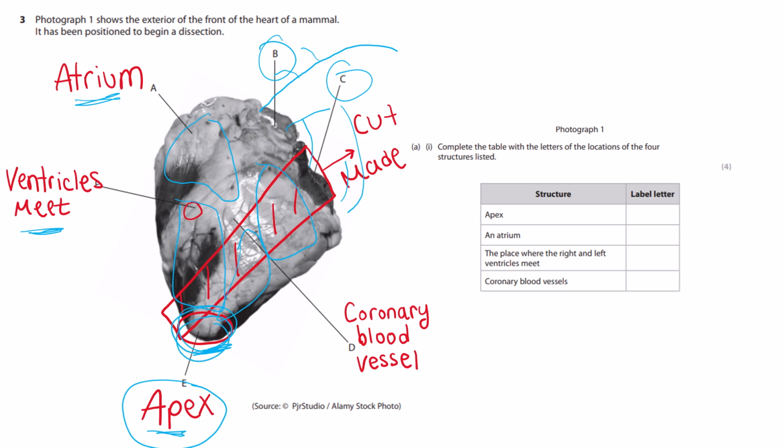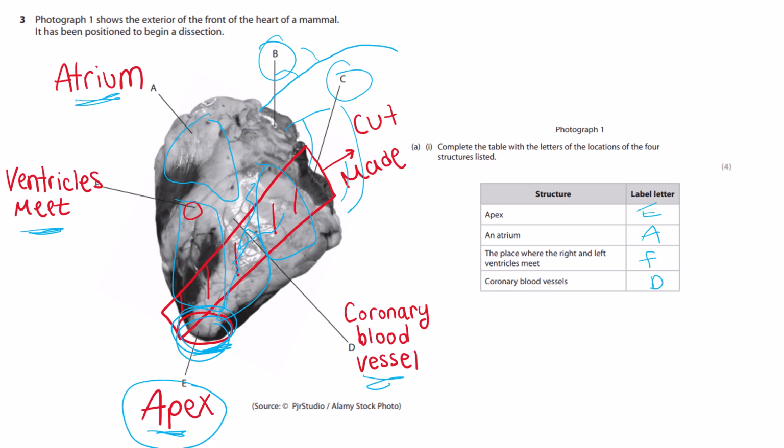We have coronary blood vessels, which are located on the outside of the heart. So the apex is going to be located in E, and then an atrium is going to be A. The place where the right and left ventricles meet is going to be F. And the coronary blood vessel is going to be D.